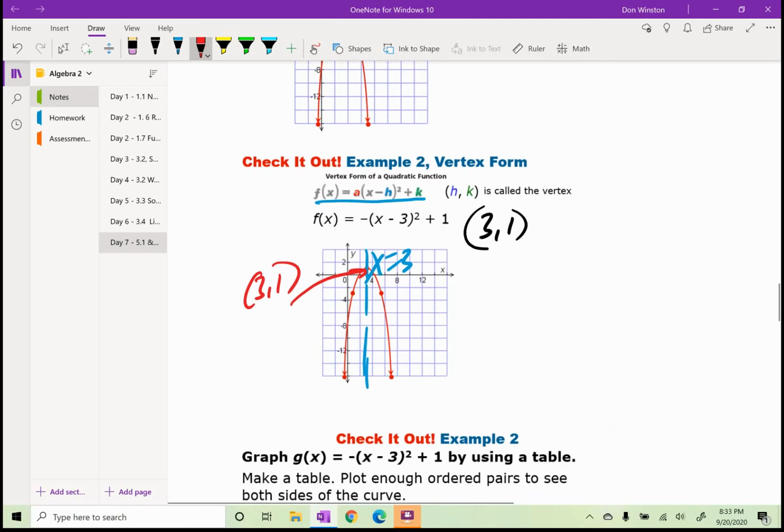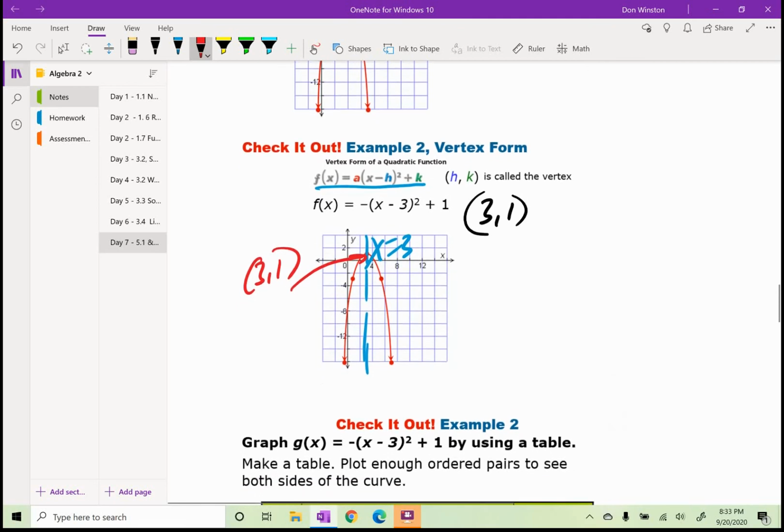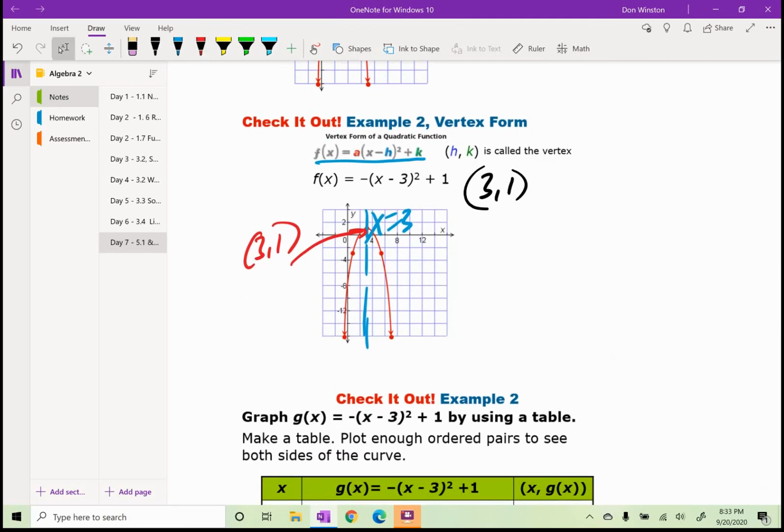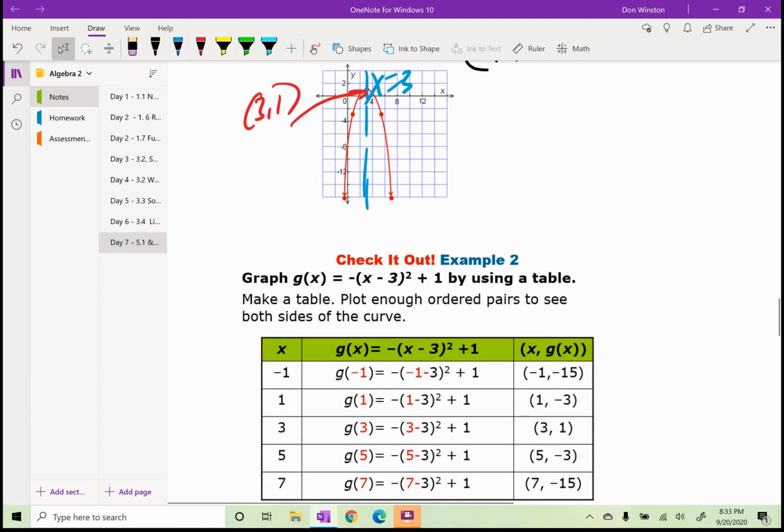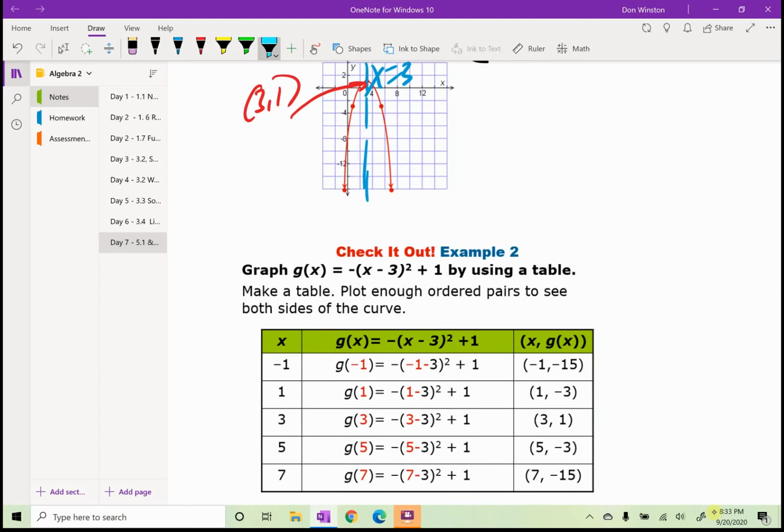Now, given the vertex form, let's continue graphing. You'll have to do that for homework. So again, we start at the vertex, 3 for x and 1 for y, and then we go 2 points to the left and 2 points to the right.